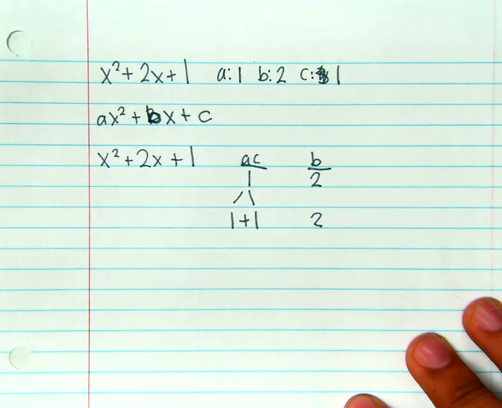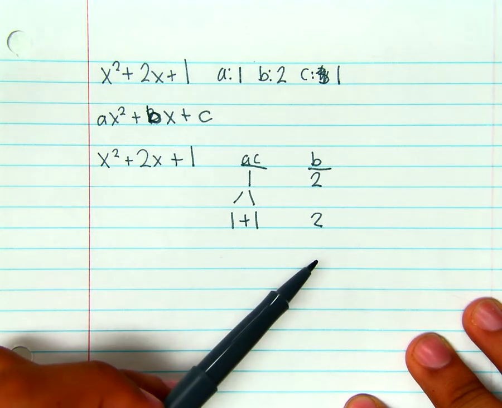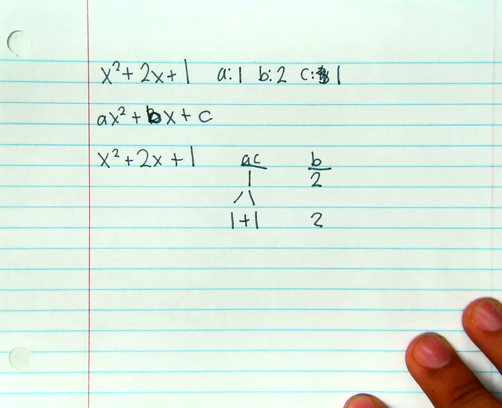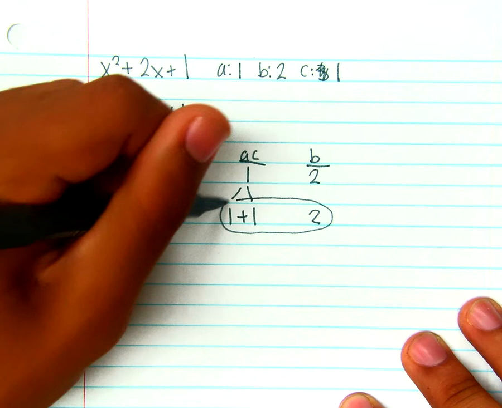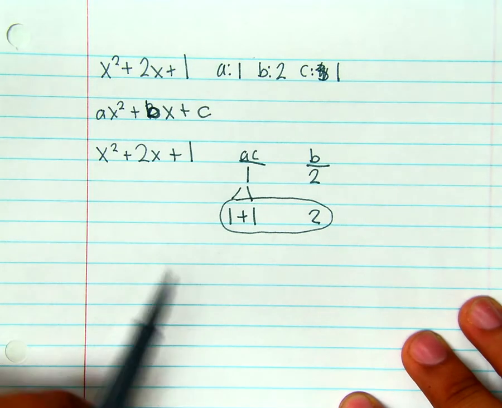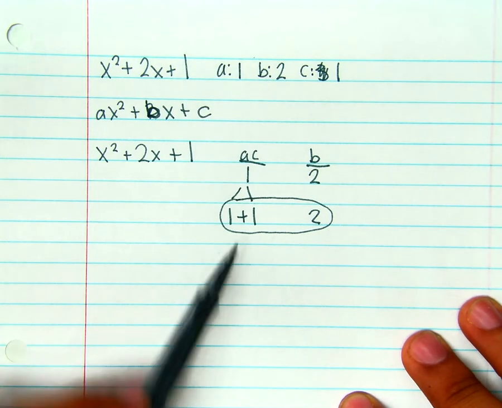And the reason I say combine is because sometimes we might add, sometimes we might subtract. It just depends on our B. Does that make sense? So combining, we know it can either be addition or subtraction. So once we find this, this is what we're going to use. Okay, we want to circle this. So that's the pair of factors that we want to use.